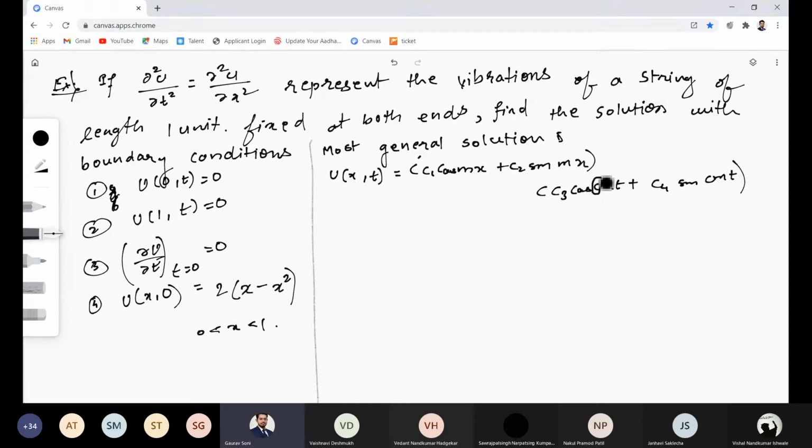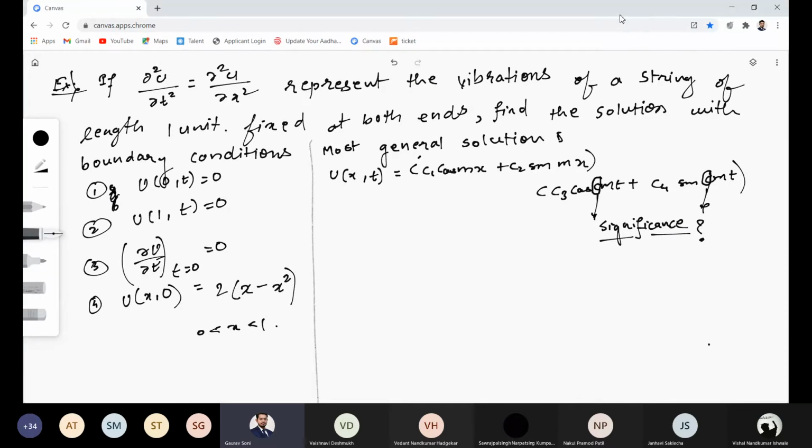Okay, if you could think, what does this C represent? What is this C? Where does it come from? Sir, is it C1 cos mx plus C2 sin mx into C3 cos cmt plus C4 sin cmt? Yes, exactly.